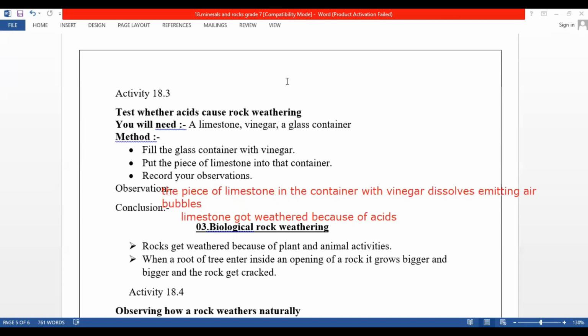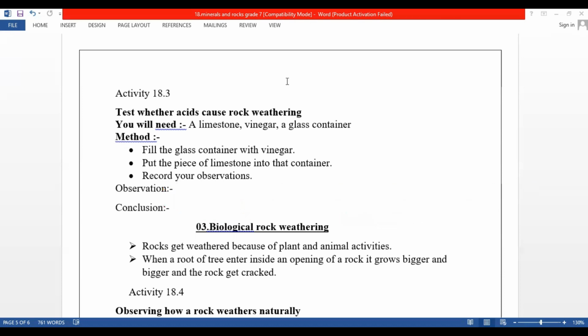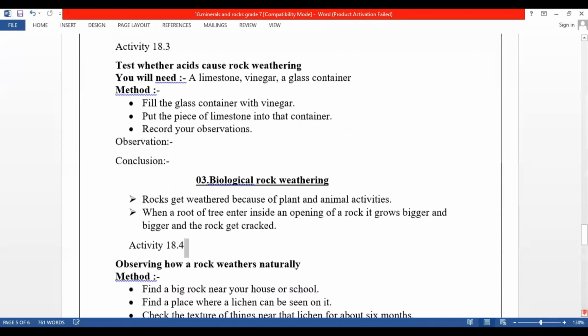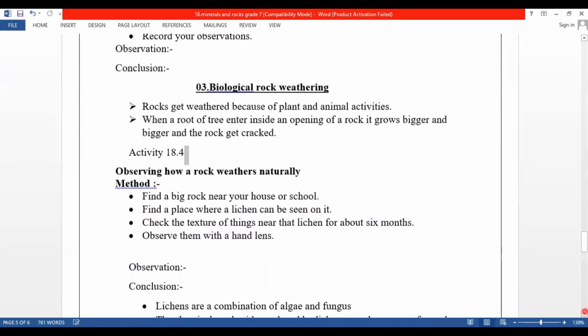Now the biological rock weathering. That is the next topic. Rocks get weathered because of plant and animal activities. When the root of a tree enters an opening of a rock, it grows bigger and bigger, and the rock gets cracked. The rock gets cracked because of the roots growing inside the cracks of the rock.